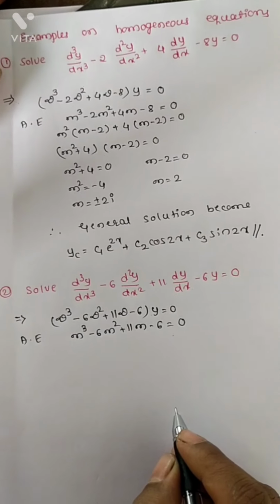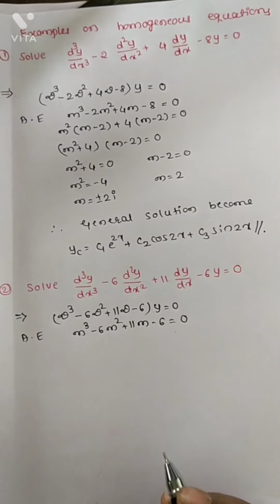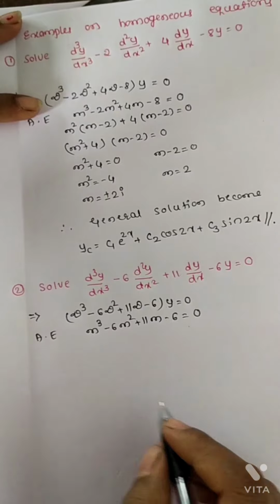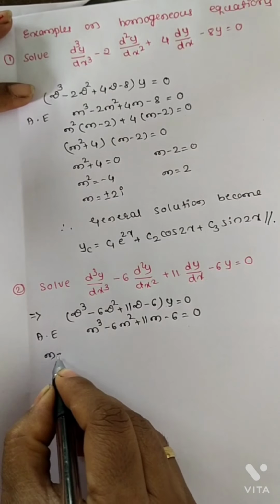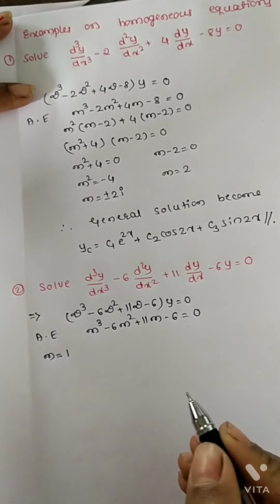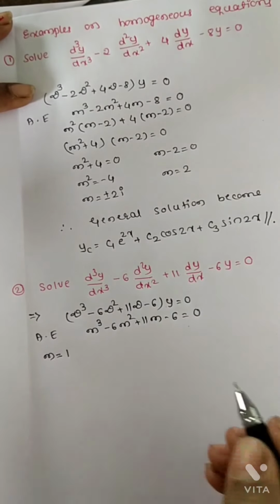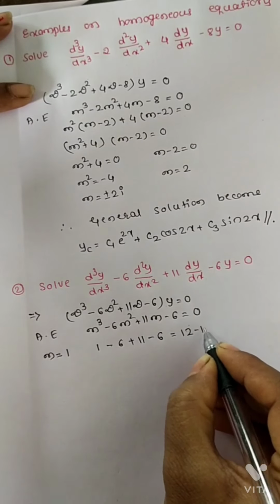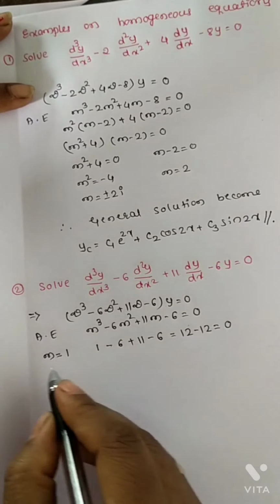Here we can't take common terms. That's why we have to apply the inspection method by substituting m is equal to 1, 2, minus 1, minus 2 like that. 1 minus 6 plus 11 minus 6 is equal to 12 minus 12 is equal to 0, we got.